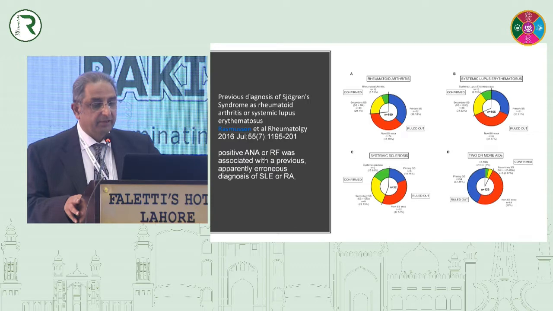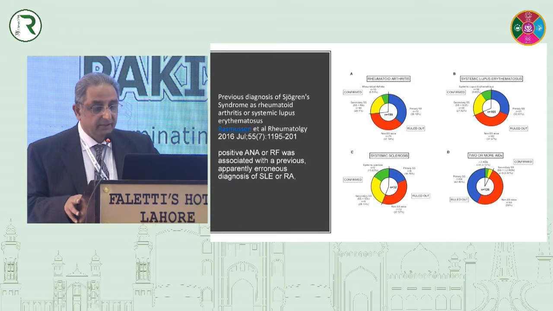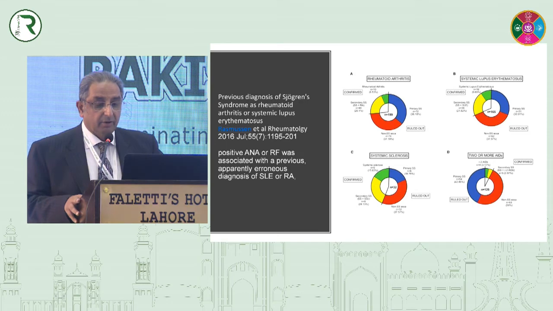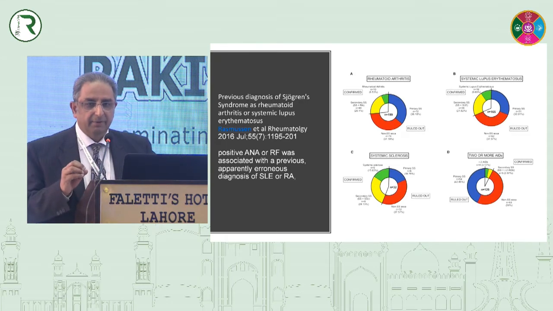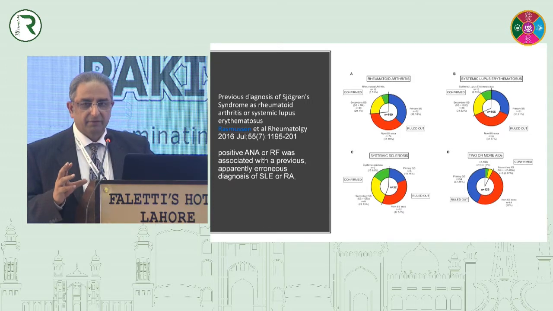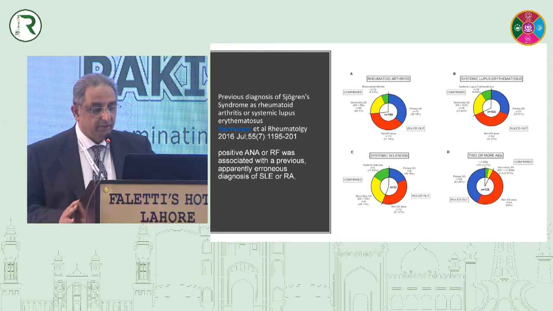In the rheumatoid population, 18% were primary Sjogren's and another 20% secondary Sjogren's. In SLE, secondary Sjogren's was about 20% and primary about 30%. So there is a shift. If you just have a positive ANA and nothing else to suggest SLE, and they have objective evidence of oral or eye dryness, then maybe it's not lupus and it is Sjogren's. And for scleroderma, it is more or less the same kind of story.